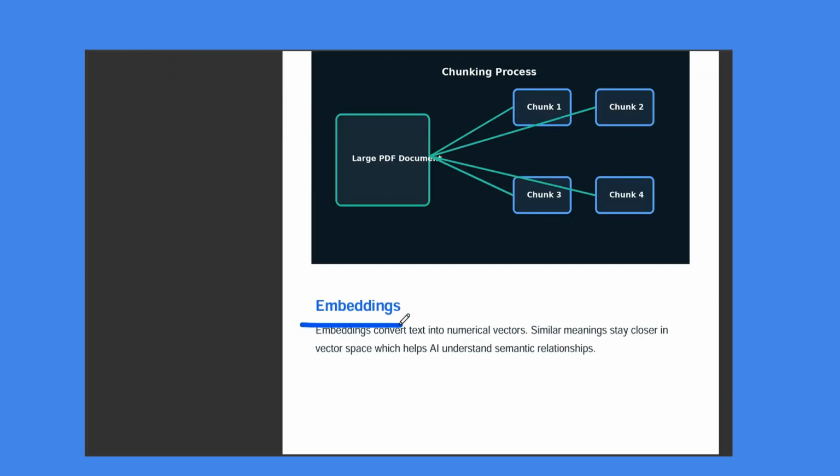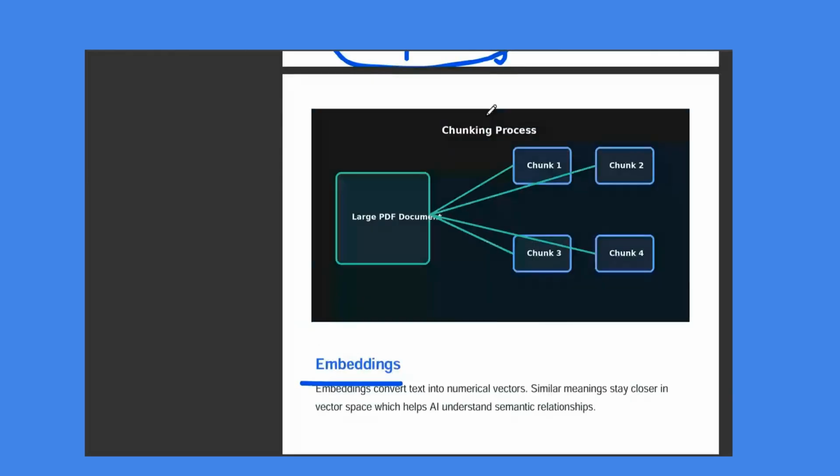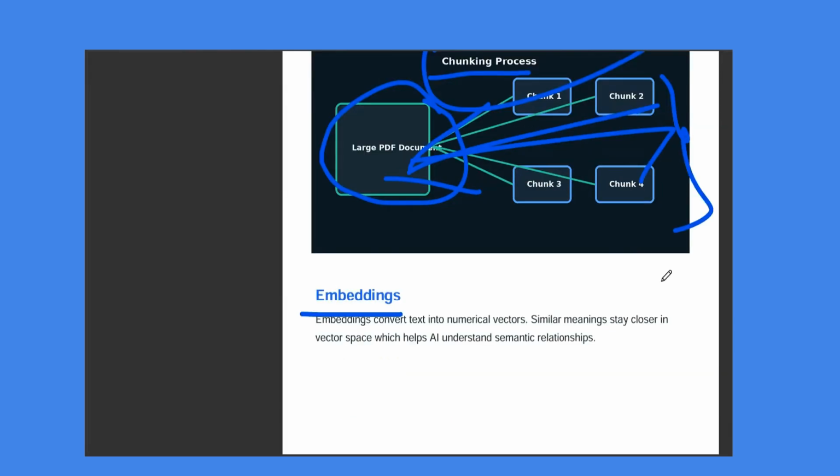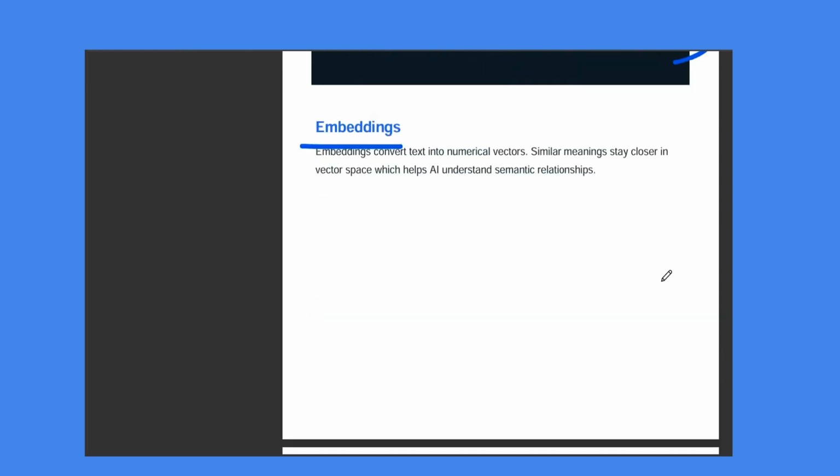Okay, I hope you understand the chunking process by seeing this image. If you have a large PDF document, it is divided into smaller parts, that is called the chunking process. Multiple chunks. Okay, and coming to embeddings.